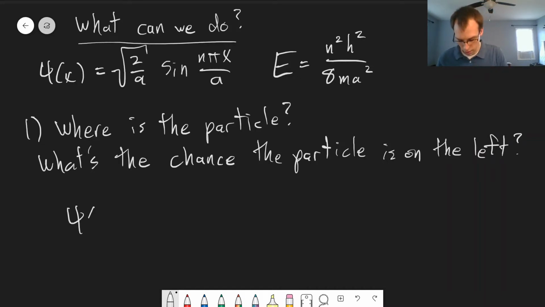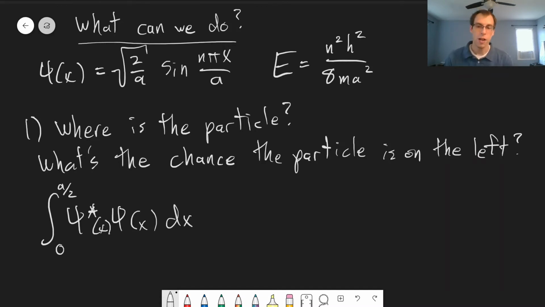We can take our wave functions, psi star psi, and if we want to find where the particle is, we can integrate. Say, if we want the left-hand side of the box, that would be from 0 up to a over 2. And if we solve this integral, that tells us the probability that the particle is in the left-hand side of the box. Now we could change the limits on this integral to anything we want. We can make it, what's the chance it's in the middle third of the box, or whatever else we come up with. So this gives us a way to find probabilities of finding the particle in a specific place.